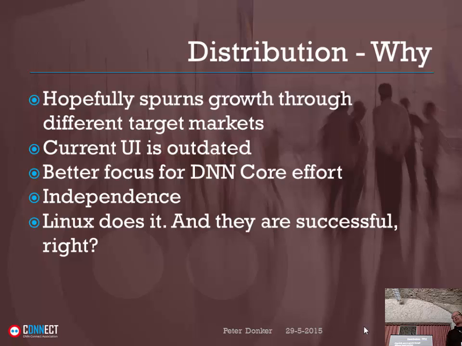Someone says, I don't see that as very important, and someone else says, that is absolutely missing in the platform. That is because we're targeting different markets. I hope that if we can more effectively target different markets, we could spur growth with this platform.